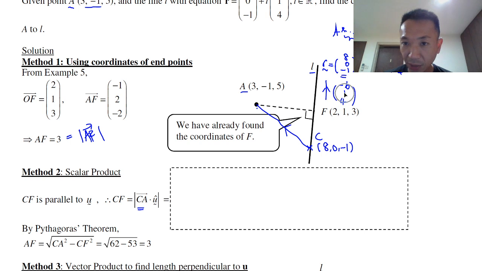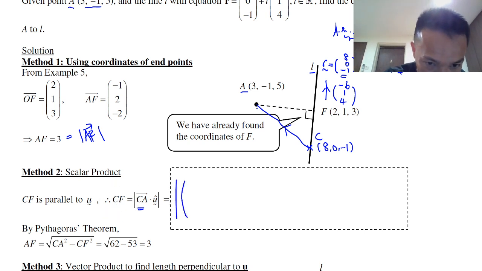So if I take CA dot the unit vector of minus 6, 1, 4 and I mod it, I will actually get CF. So let's do the numbers. Let us work out what is CF.